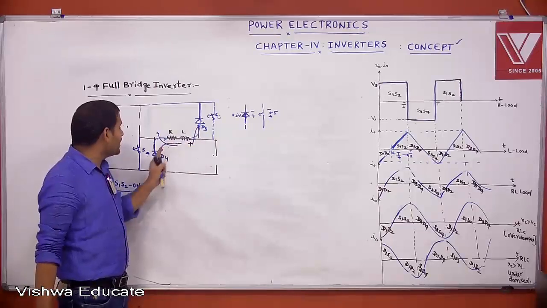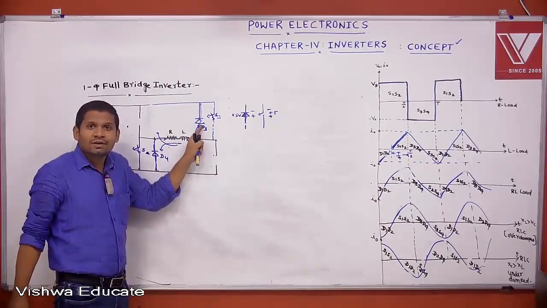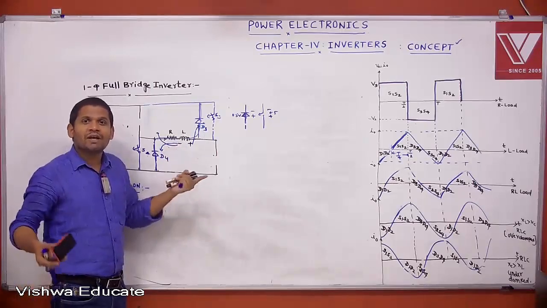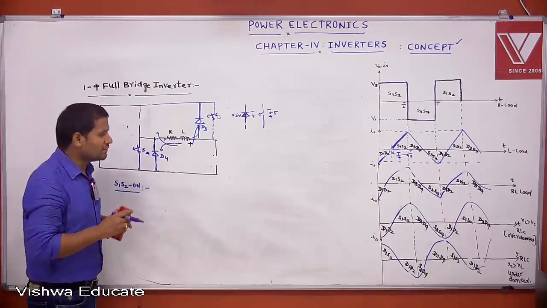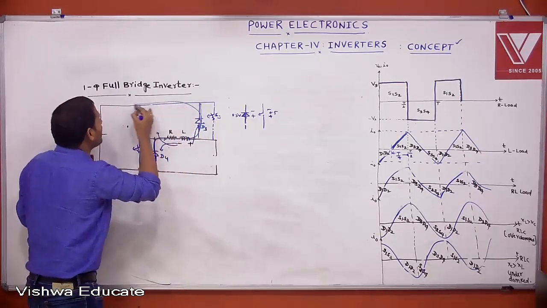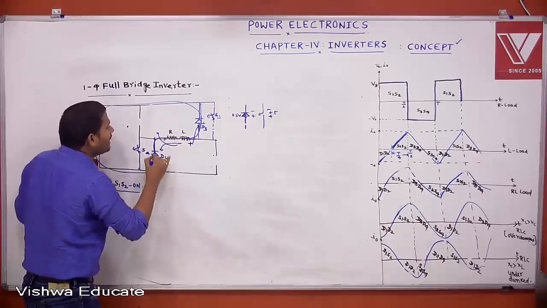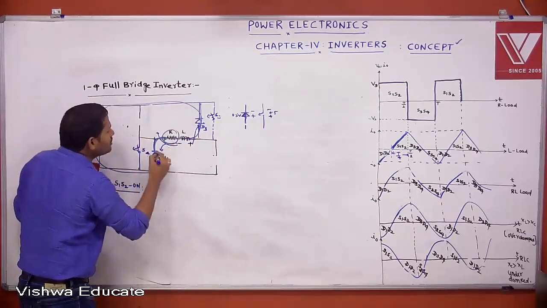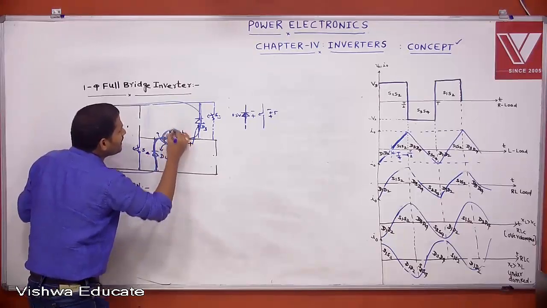What is the reason for the diode coming into existence? Because of energy stored in the inductor. How much time will D3, D4 conduct? These D3, D4 diodes carry the energy stored in the inductor, and that energy is dissipated in the resistor, and some power is delivered to the source.